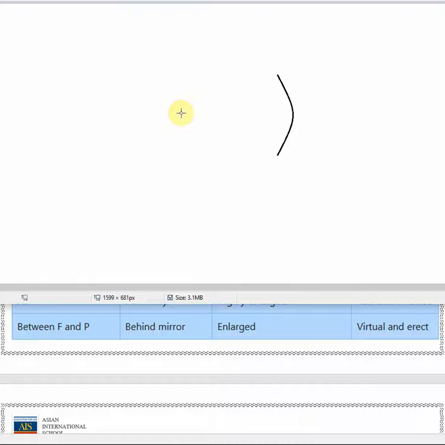The third case, okay, first let me mark the points P, F with the same distance C. Alright, so we have placed the object beyond C, we have placed it at C. In third case, we will place it between C and F. So let me place the object between C and F. Done.